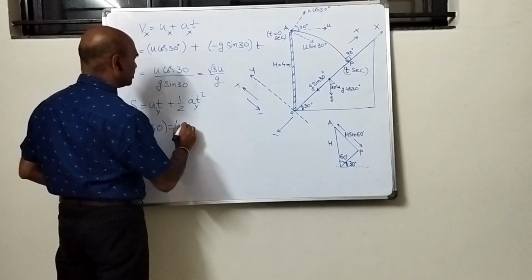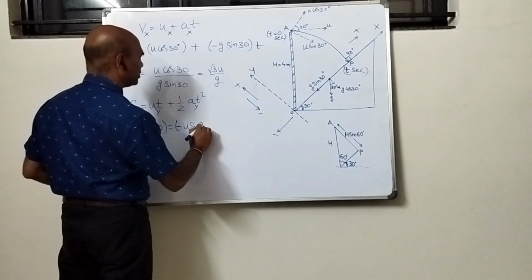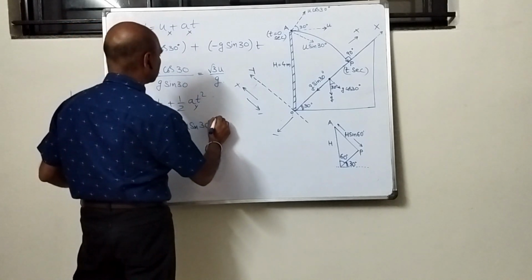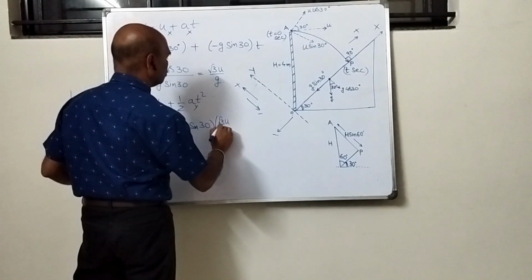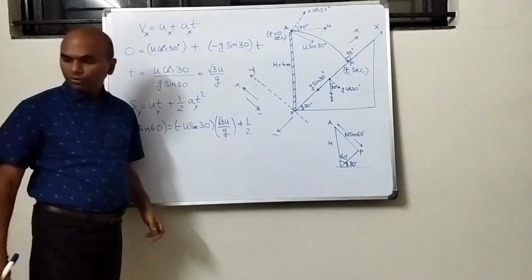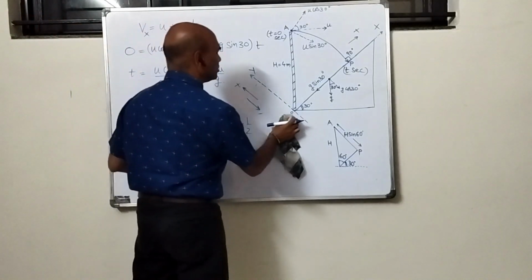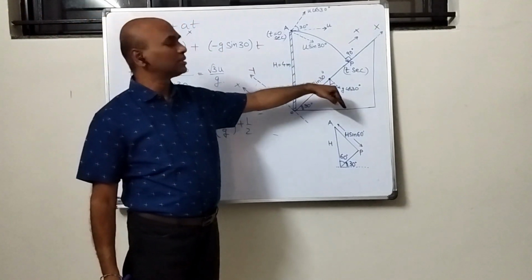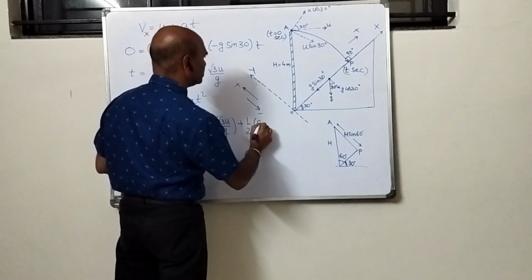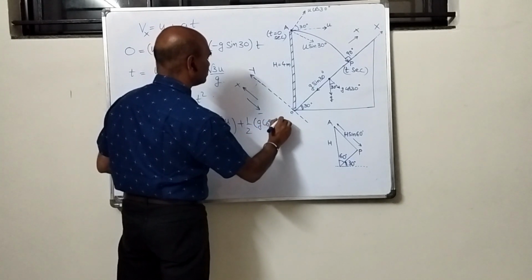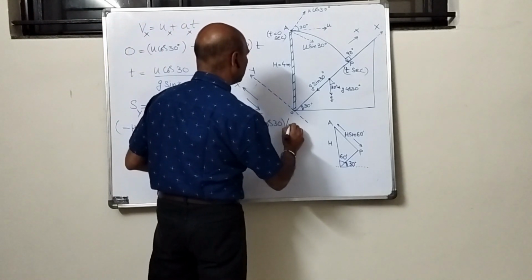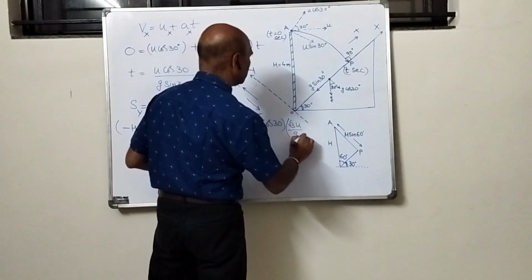So minus u sin 30 into the time taken, which I have already solved as root 3 u by g, plus half the acceleration component along the y-axis, g cos 30, into t square, the same t, root 3 u by g whole square.